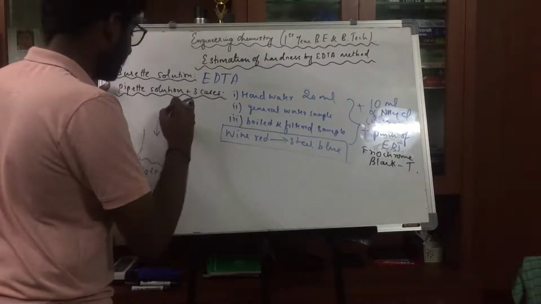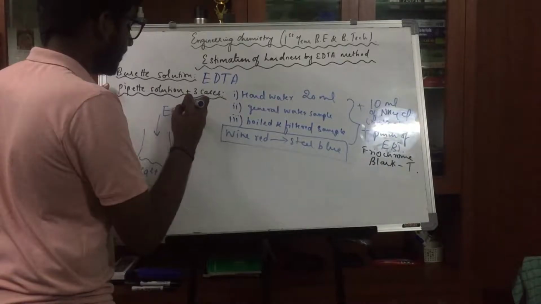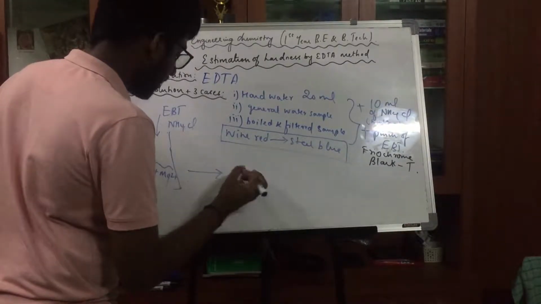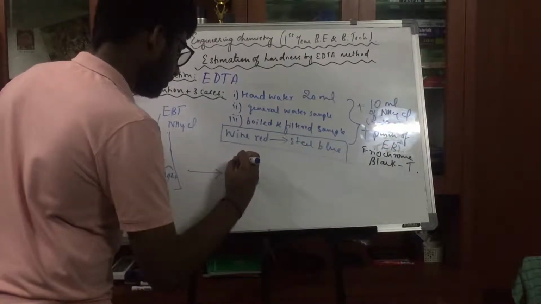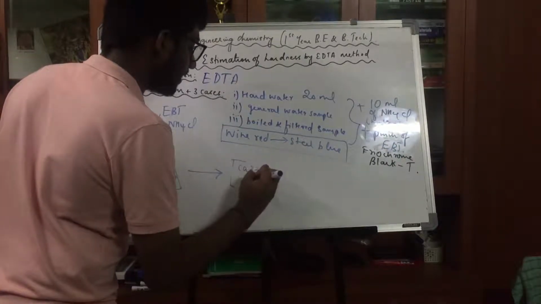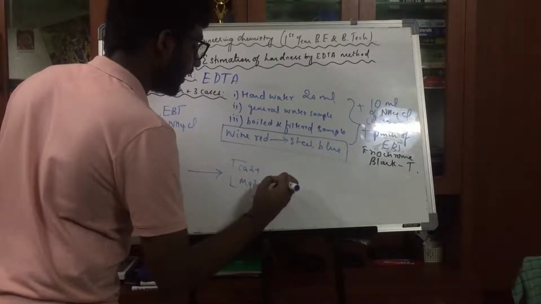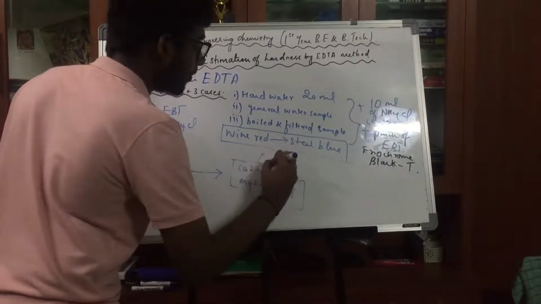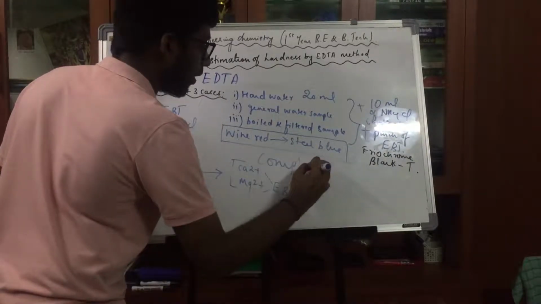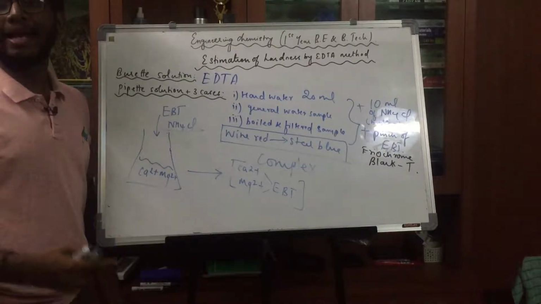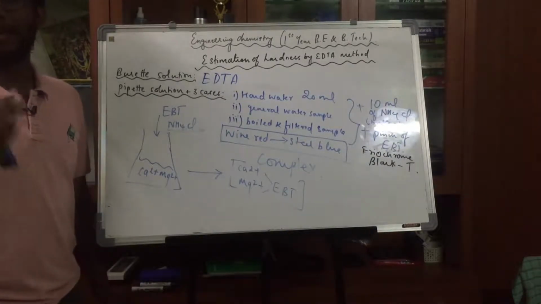Afterwards you add EBT and NH4Cl. So you have your Ca2+ and Mg2+, and with that you will have EBT as well. It forms a complex. After the complex is formed, you will get a wine red color, as I've already mentioned.